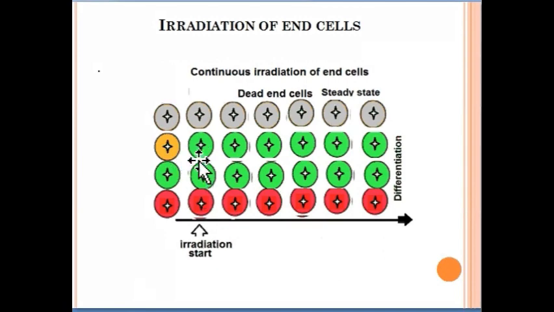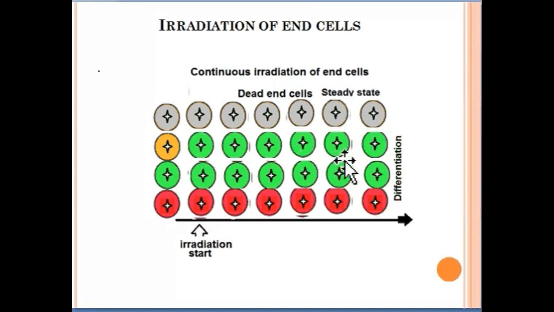Another experiment which I try to show you is what happens if we irradiate the unit and kill only the end cell. Here you have a normal unit, and we start irradiating this end cell. Obviously they die, and the chalone inhibitor inhibits the stem cell less, and the stem cell responds by producing, in this example, two progeny.